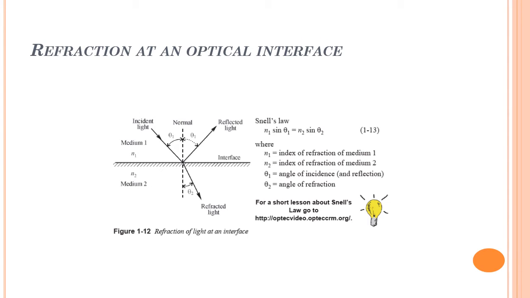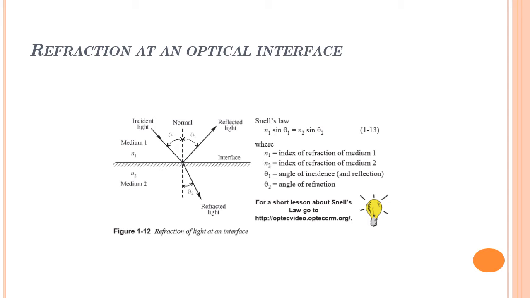So here is that figure, and you see I have medium 1 and medium 2, and I have incident light, and you see part of that light is reflected back, and then we have theta 1 and theta 2 there. I'm sorry, theta 1 and theta 1 are both on the reflected side, so they're equal. And then in medium 2, we have theta 2.